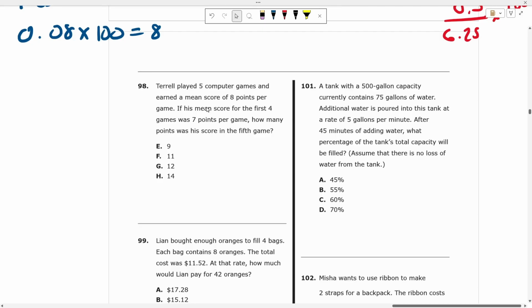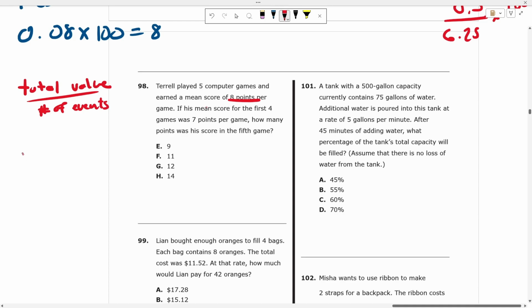Number 98 says that Terrell played 5 computer games and earned a mean score of 8 points per game. If his mean score for the first 4 games was 7 points per game, how many points were in his score in the 5th game? So you know that mean is the total value divided by the number of events. So you know he plays 5 computer games and he earned a mean score of 8 points per game.